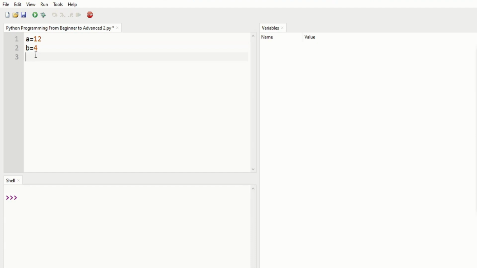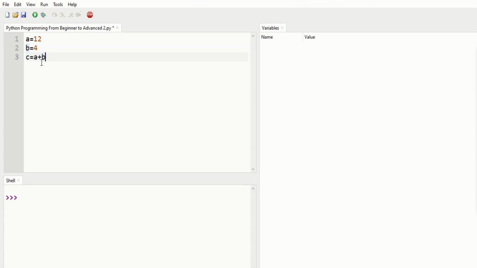Now if I write c is equal to a plus b, it means that c refers to the addition of a and b. Now c is referring to the addition of a and b.